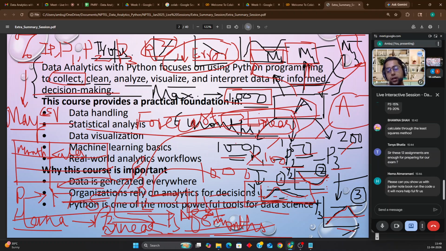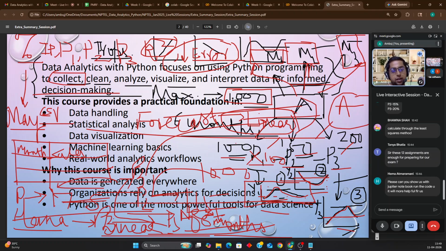Based on that, we will be analyzing the data. We should follow the exact procedure or the model which will give the highest coefficient of determination with least error. Okay, that shall be a criterion.